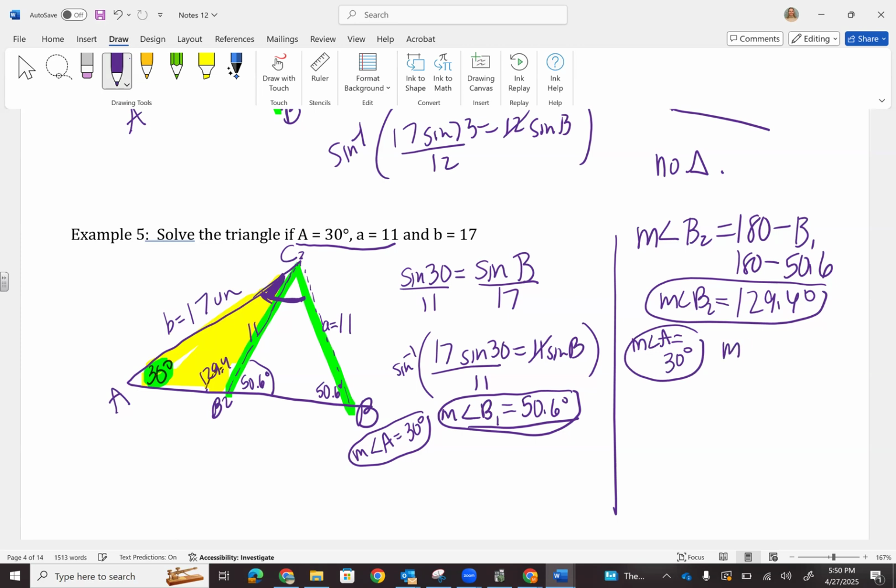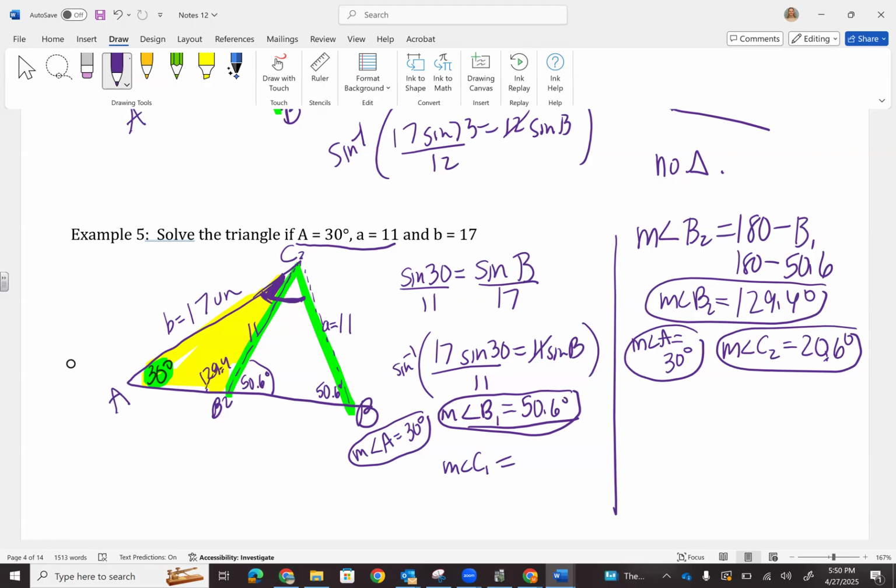The measure of angle C2 equals 180 minus those two angles: 180 minus 30 minus 129.4, and we get 20.6 degrees. It's not negative, so guess what? You can form a more narrow triangle. The second one you find is the more narrow triangle.